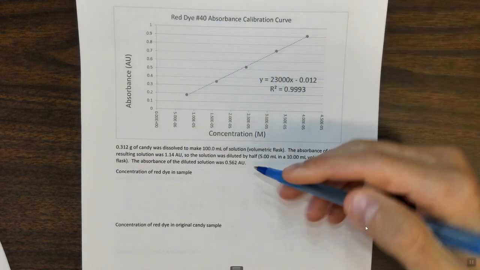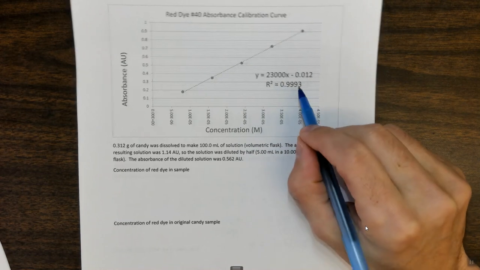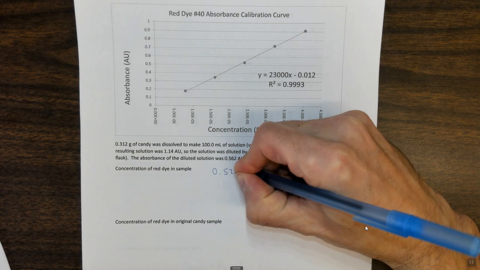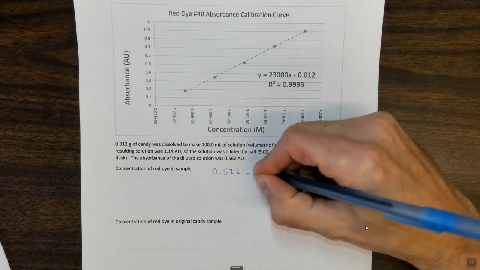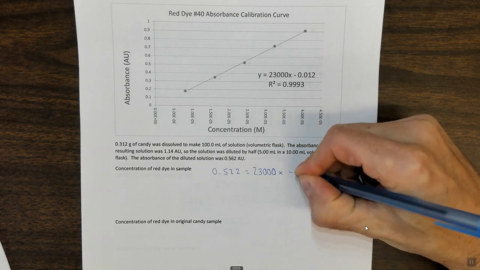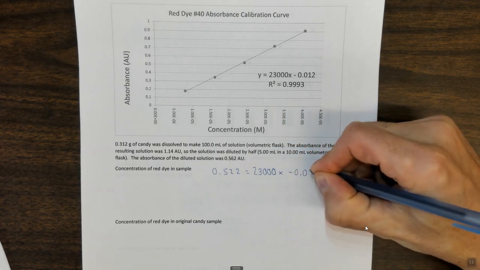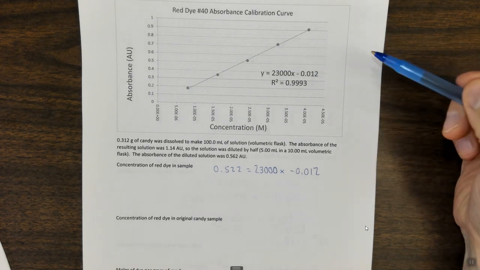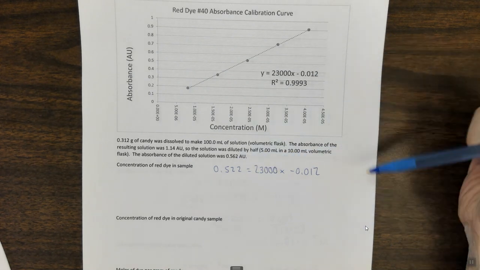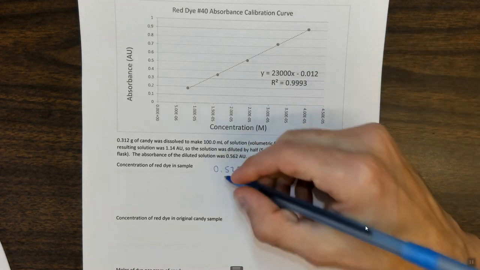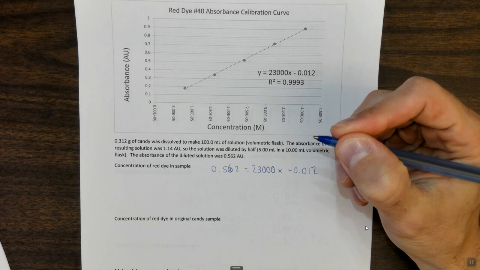What we're going to do is use y equals mx plus b, just like we did before, but this time my y value is 0.562 equals 23,000 x minus 0.012. We're just going to use the same exact equation. Again, Excel makes this helpful for you because you've already typed this into the computer. You just copy and paste it. Now it'll do it for your values here. This should be 562. Sorry, not 522.